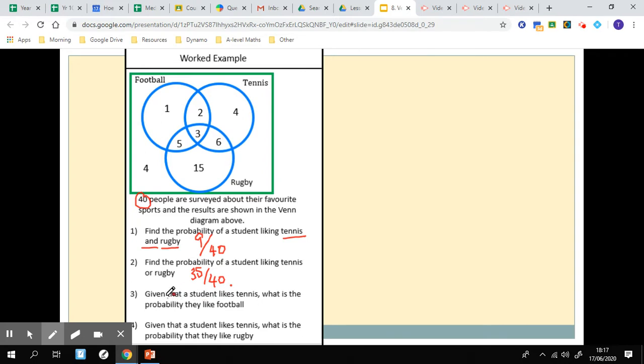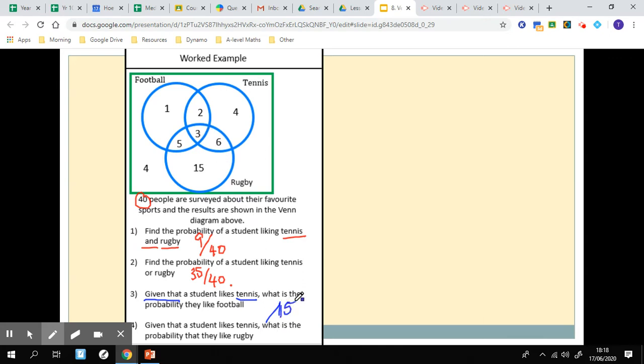Good, yeah. Now, this is where it gets tricky and what I need you to focus on: given that a student likes tennis. So what we are now saying is we know this student likes tennis. So what our fraction is out of has changed. How many people in total like tennis? Well, 4, 5, 6, 12, 13, 14, 15.